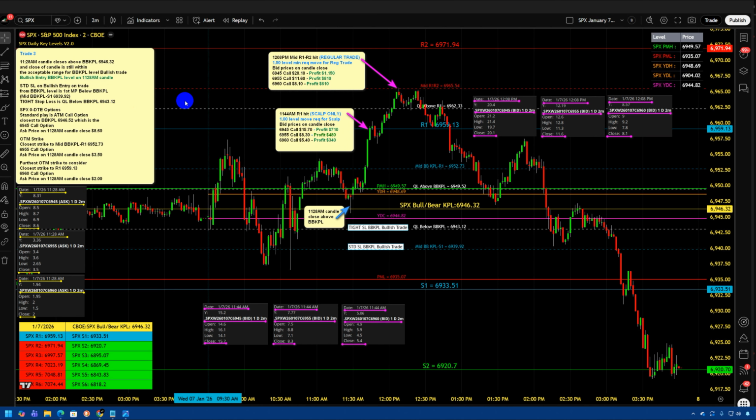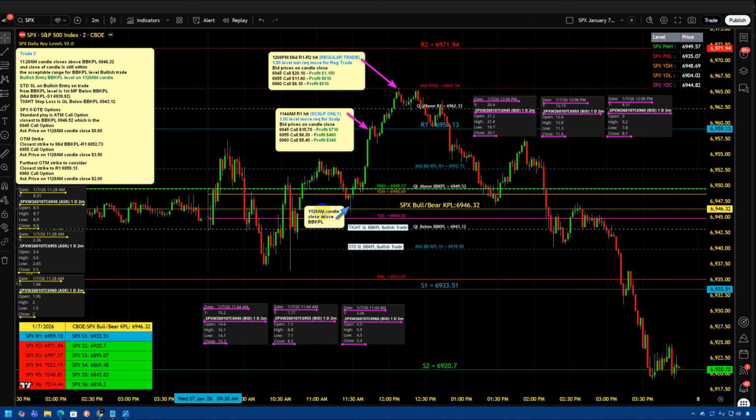Okay, trade number 3. Trade number 3 is a bullish trade. As you remember, we were stopped out on the standard stop loss on our second trade. We're waiting for the next trade opportunity. And here we have it, as price comes down and we have this long wick down. We have this long tail candle here, which wicked down below the bull bear key price level and then closed back above it.